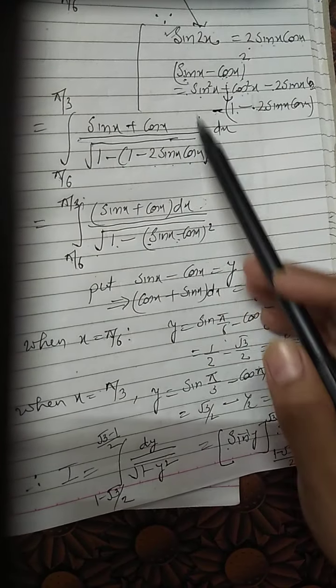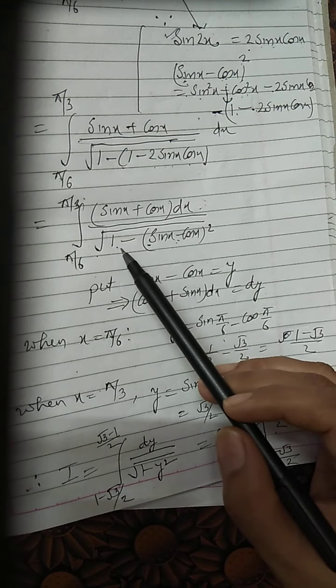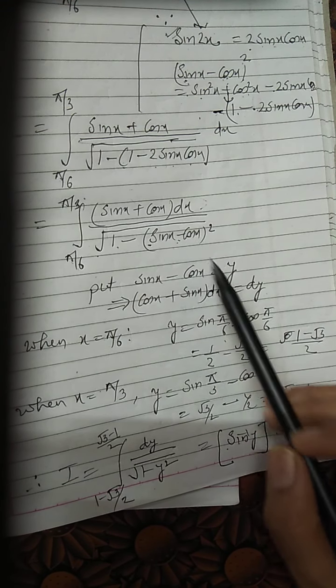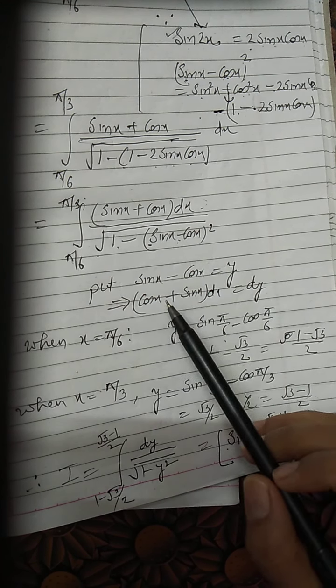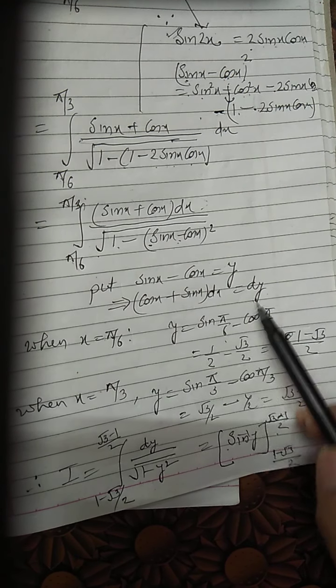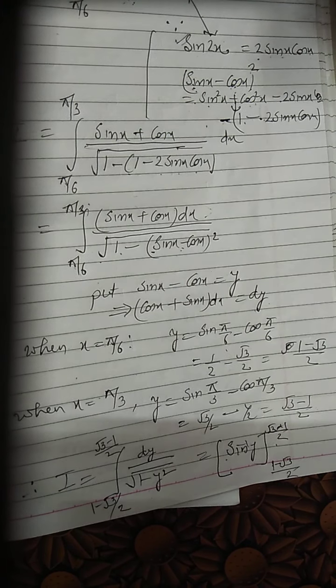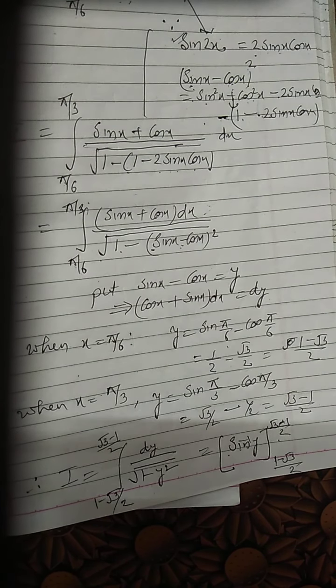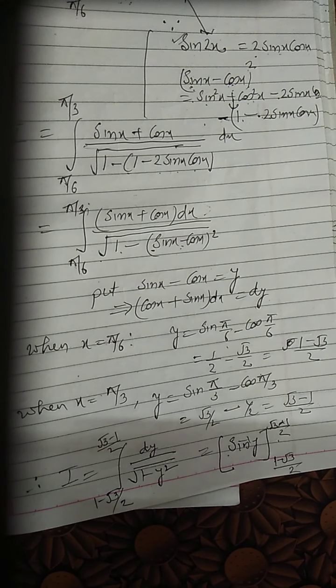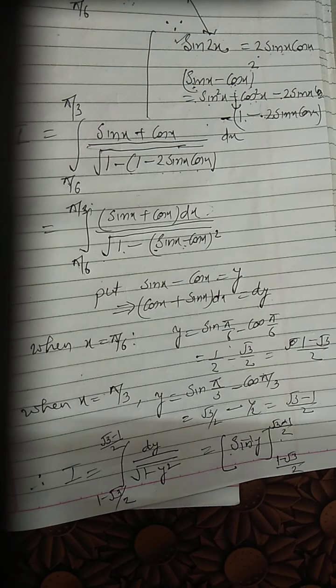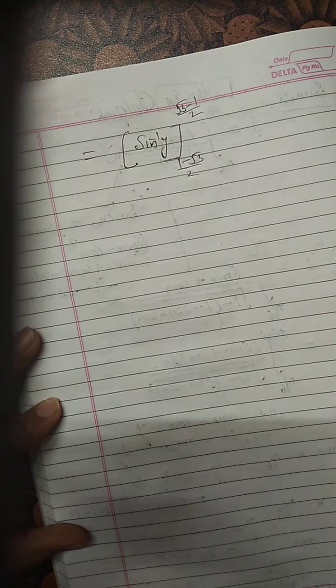After this simplification of the denominator, we are just making our substitution as sin x minus cos x, we are putting as y, corresponding to which numerator will become dy. And now we are changing the limits, and when you change the limits and integrate, our integral is coming sine inverse y. The limits are as we discussed. Now let us apply the limits.